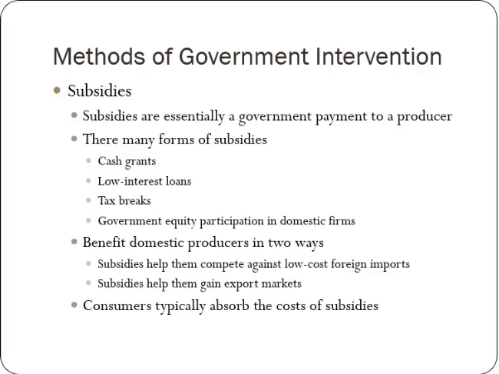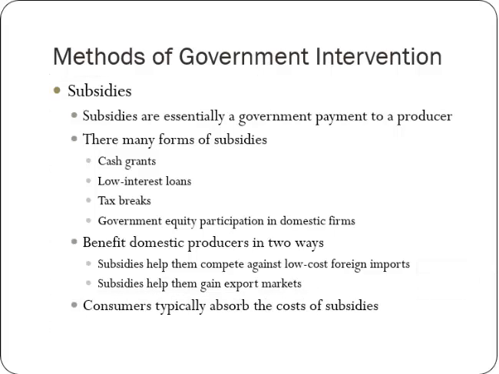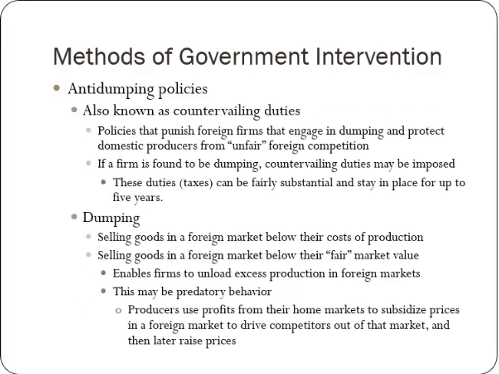Companies like Airbus, which is a European airplane manufacturer, have been known to get subsidies from European governments in order to compete with Boeing, which is the other major airplane manufacturer. And consumers typically absorb the cost of subsidies, because the consumers are the taxpayers, and if the government's going to give stuff away to companies, well, then the consumers are going to have to pay for it in the long run, because somebody's got to pay for it.